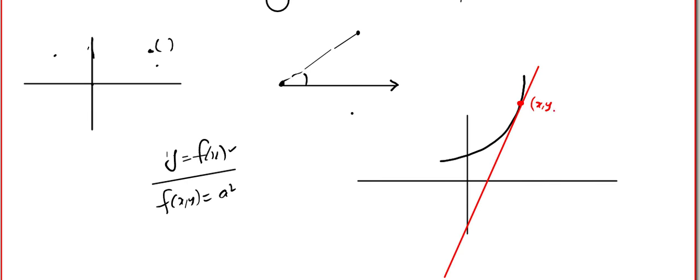Now in the pedal system, what we do is we measure the distance of the tangent from the origin. What do we measure? We measure the distance, in the sense perpendicular distance. So we measure the distance of the tangent to the origin.